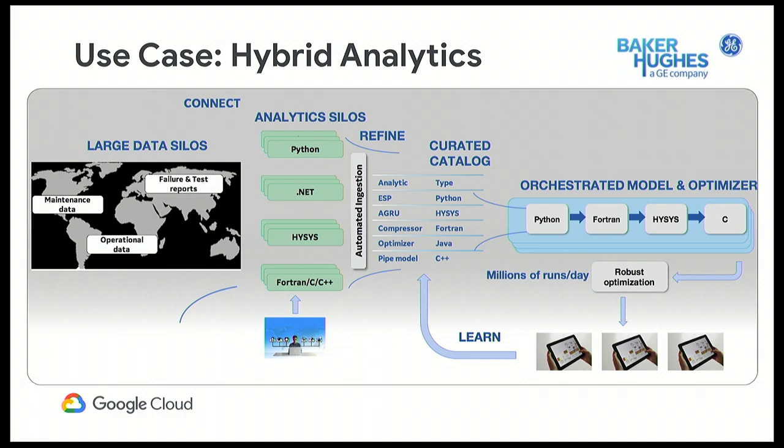And we have analytics that have been proven in the field, but over time have accumulated a technology stack that starts from Fortran 77 all the way to today's world where we have Node.js, Go, .NET. So somehow all of these analytics need to work together.